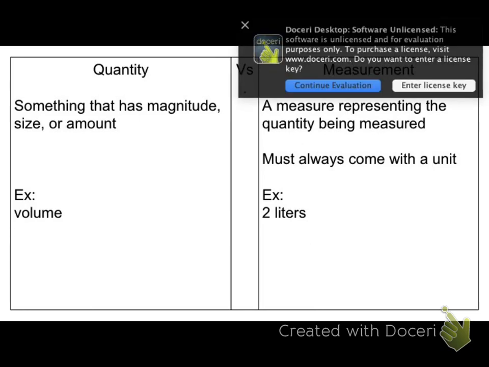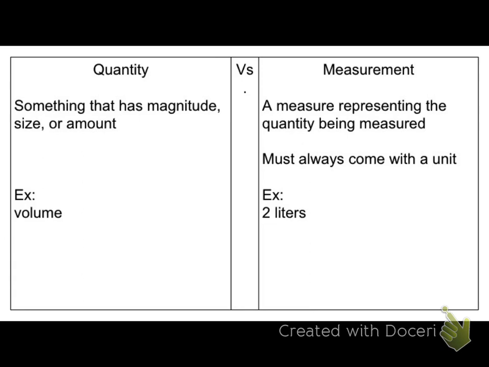Okay. And in order for the measurement that you take to mean anything, it needs to represent a quantity and it must have a unit to go with it. So a number by itself doesn't qualify as a measurement. If you simply gave me the number 2, that gives me very little information.